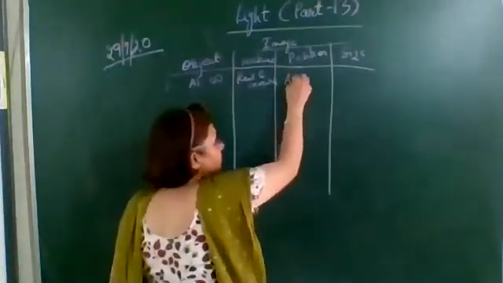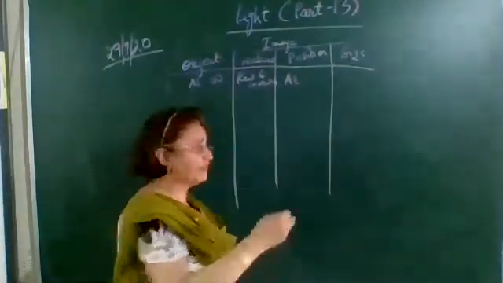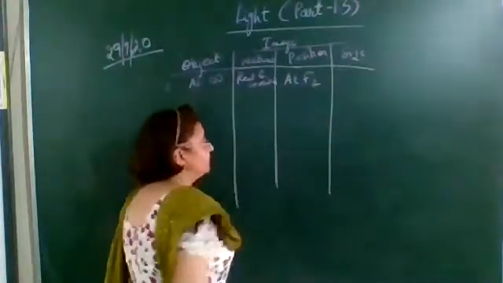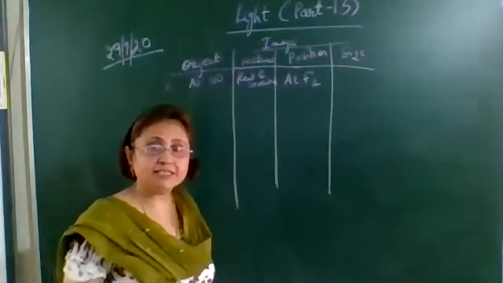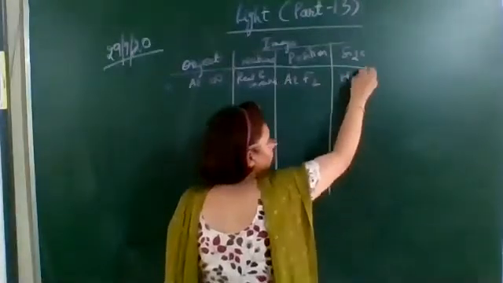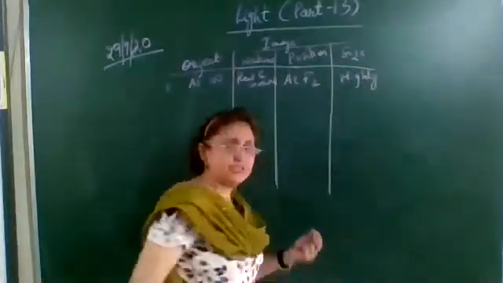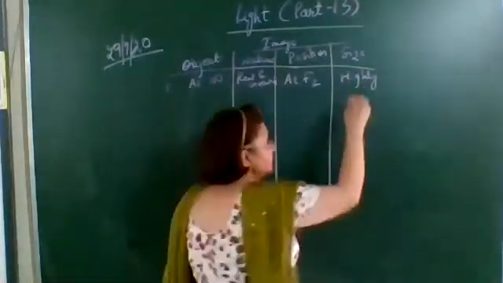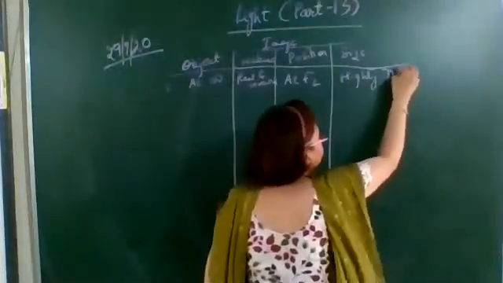So the position is on the right side. The image is formed at f2 and the size is very small, so a highly diminished image, or you can write point size image.